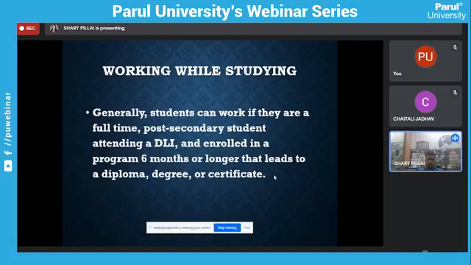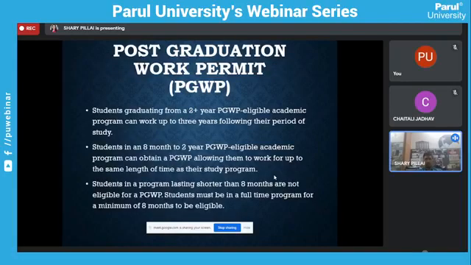So those are the main points to consider while you choose Canada, right? So let's talk about the post graduation work permit. This is also a major point of consideration when you go to Canada for further studies. Students graduating from a 2 plus year PGWP eligible academic program can work up to 3 years following their period of study.